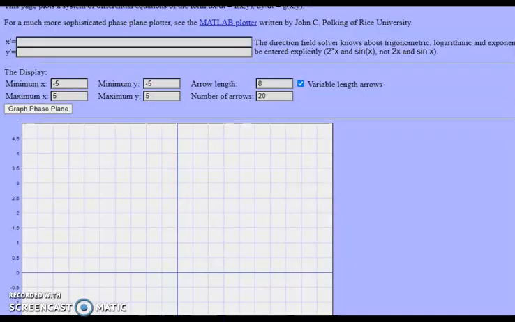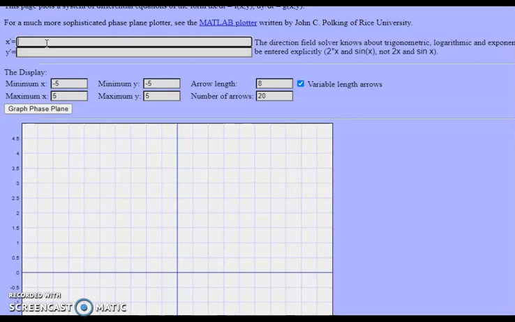So let's see how the phase portrait looks like, or how the tangent field looks like, or some people call it direction field. So let's see how these tangent vectors for the x of t look like, or how the phase portrait looks like.